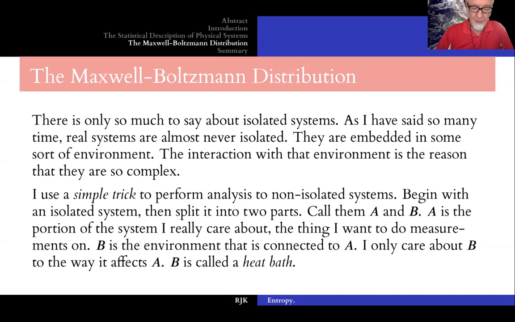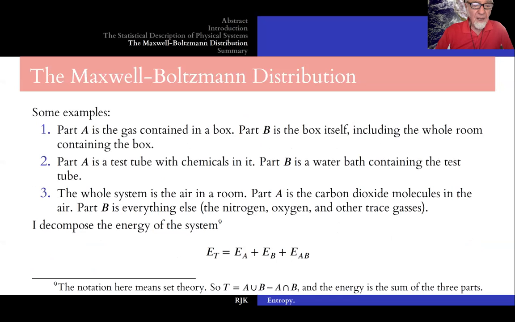So, examples. In the first, part A is the gas contained in a box. Part B is the box itself, including the whole room containing the box, assuming pretty much that it's at a constant temperature. In the second, part A is a test tube with chemicals in it.